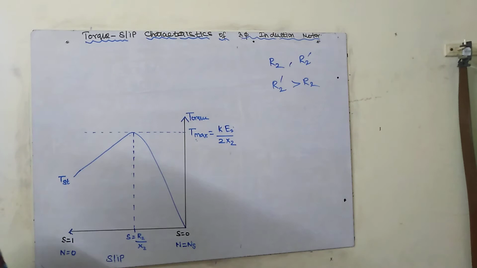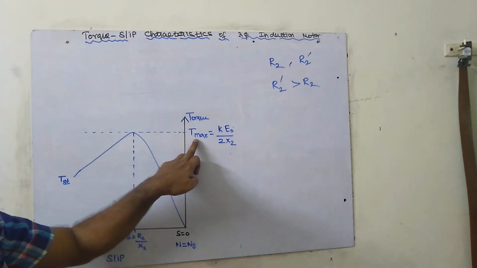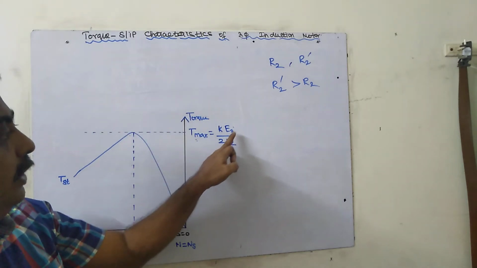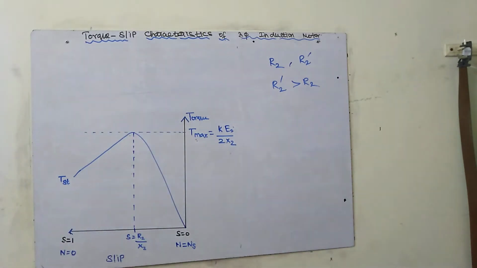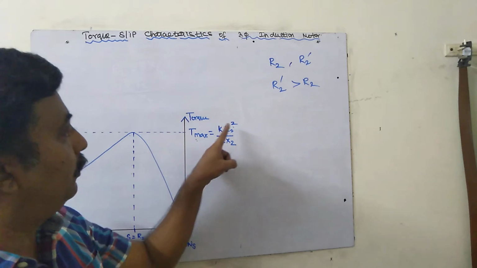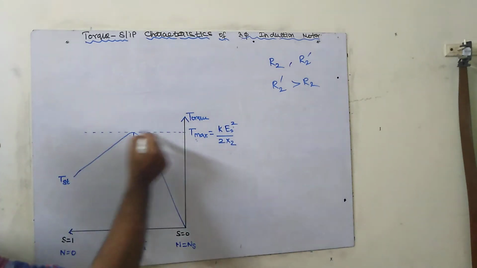Will there be any effect on the maximum torque, or the location of maximum torque? Maximum torque equals K into E2 square divided by 2x2. It is independent of R2. So the maximum torque value remains the same.